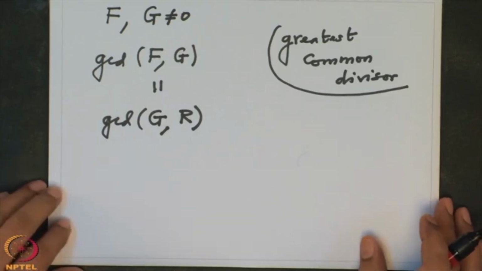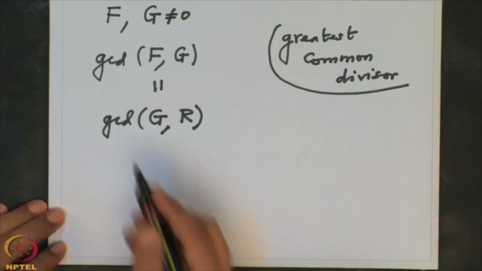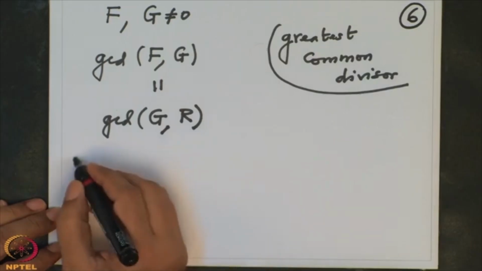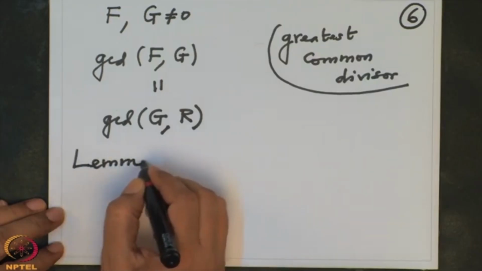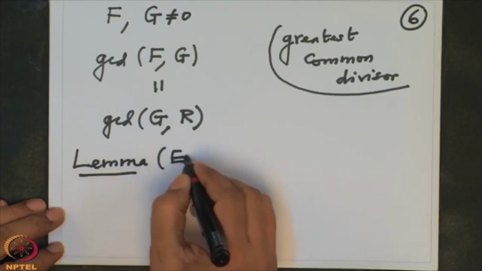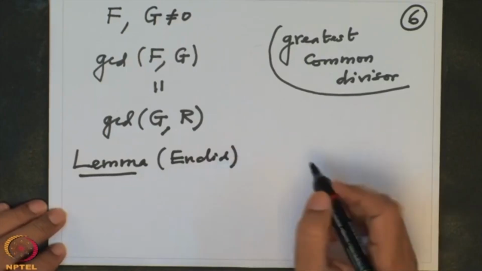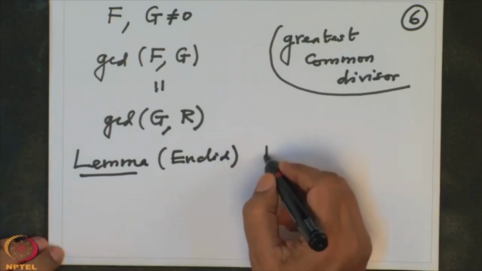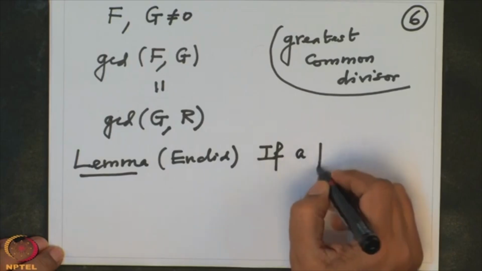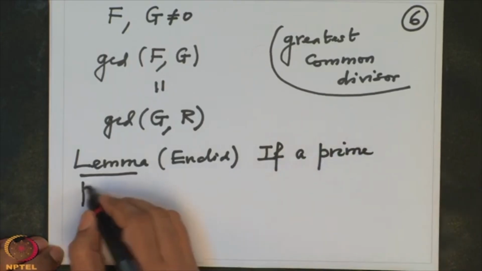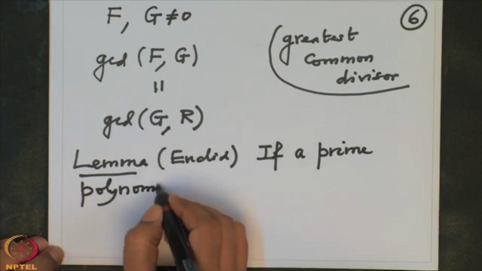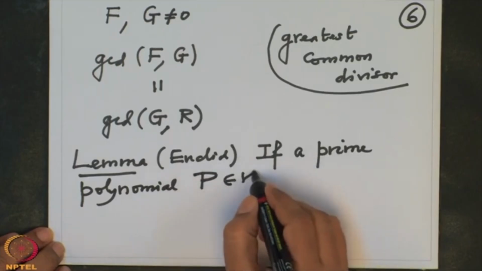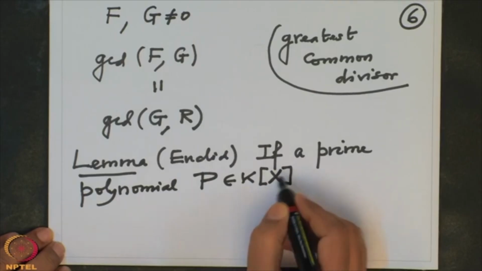I will also note here one important lemma, which is the analog of Euclid's lemma, what we just mentioned for the integers, that says that if a prime polynomial P, capital P is a prime polynomial, that means P is a polynomial over a field K, and it's a prime polynomial.